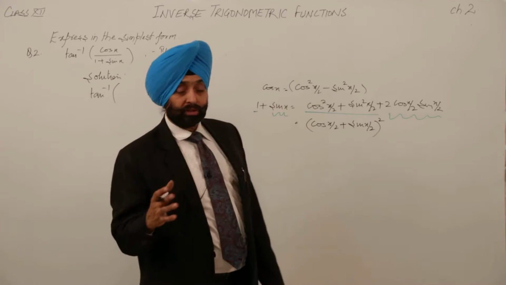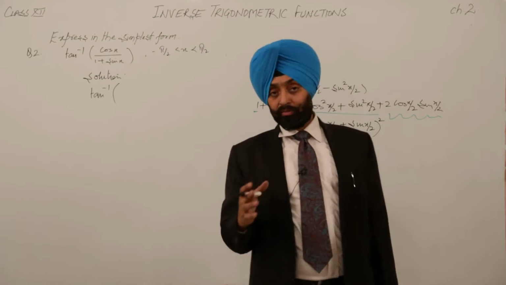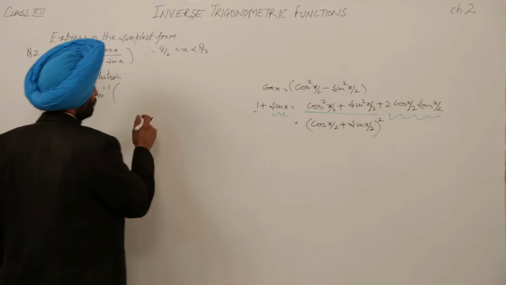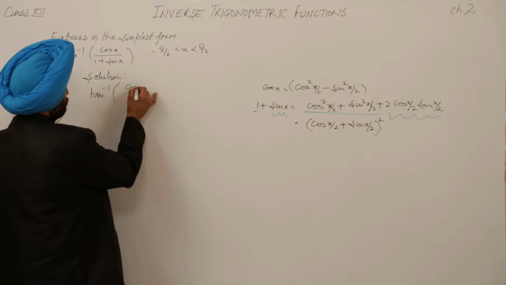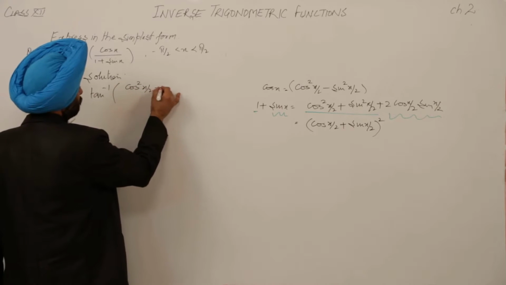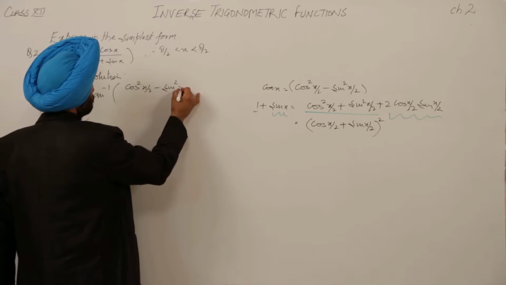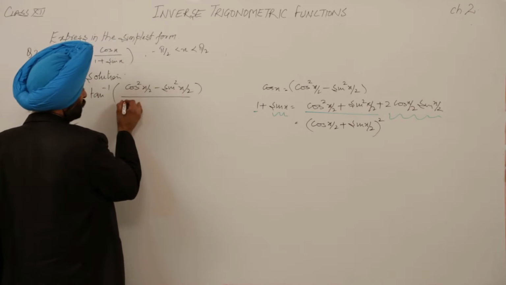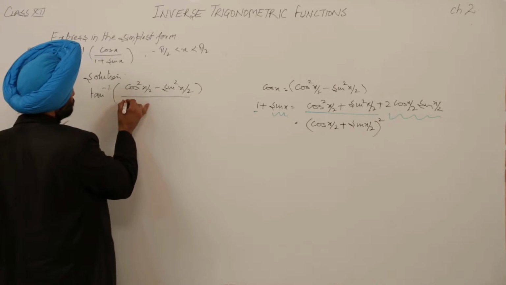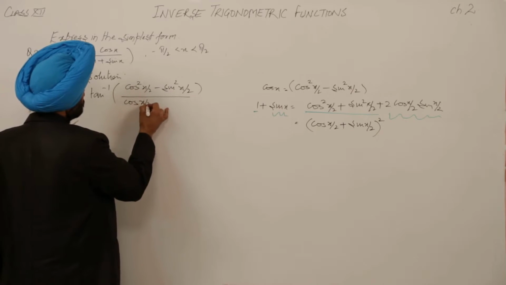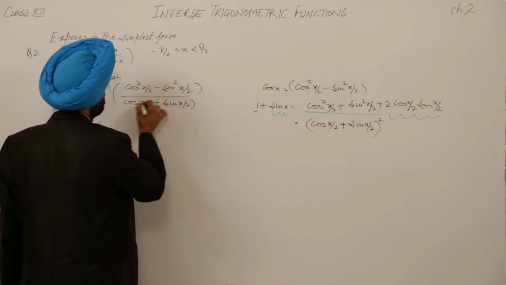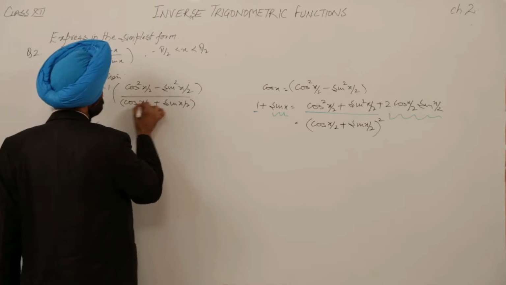So for 1 plus sin x you can write cos x by 2 plus sin x by 2, whole square. So now we have cos x, that is cos square x by 2 minus sin square x by 2, upon, for 1 plus sin x, cos x by 2 plus sin x by 2, whole square.